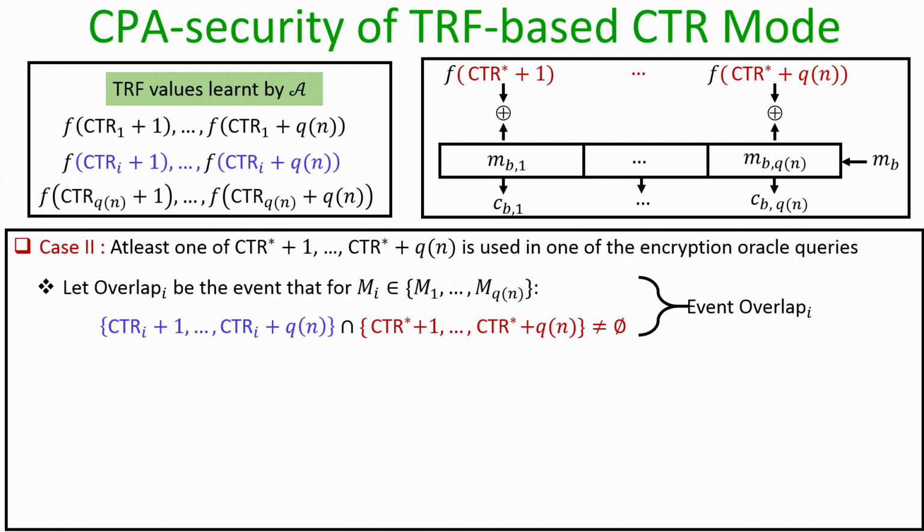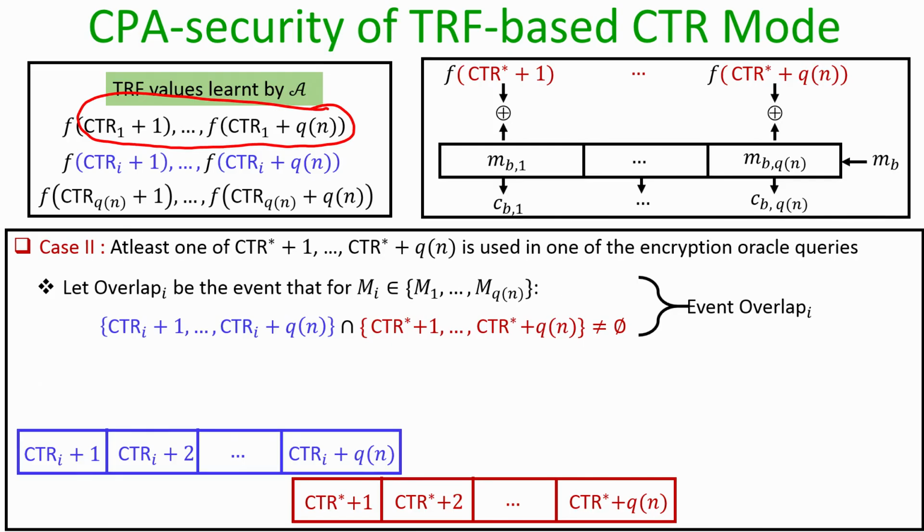That is what overlap I means. So, overlap 1 means the counter values which have been used for encrypting the blocks of the first encryption oracle query get overlapped with the counter values used for encrypting the message MB, and so on.